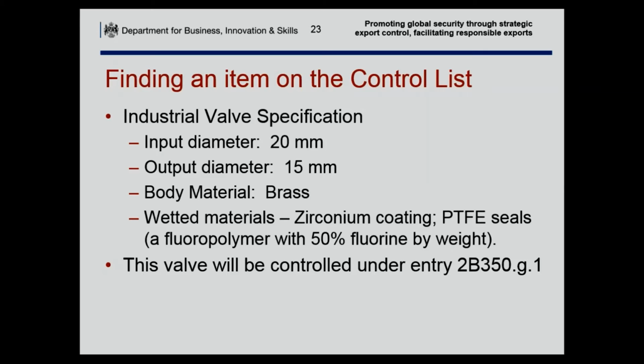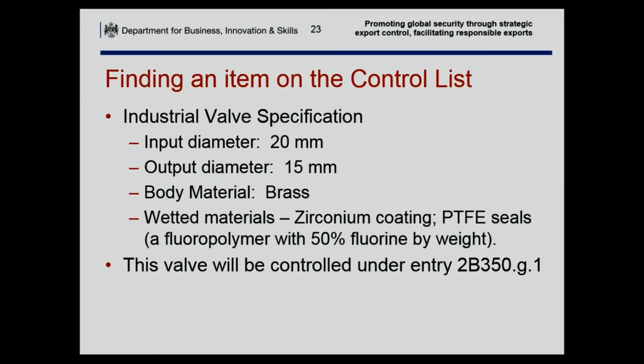Those types of valves are used in lots of applications where you require something that's corrosion resistant. And that can be in saline plants, it can be in chemical works, it can be in lots of different areas where they have requirements for these. So you will find quite a few of these are actually controlled on the export control list.